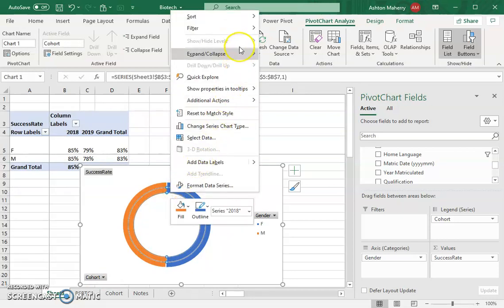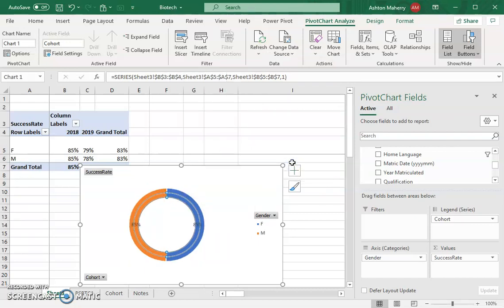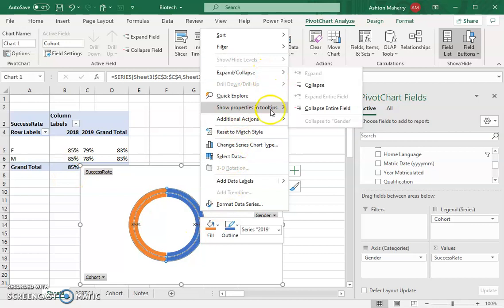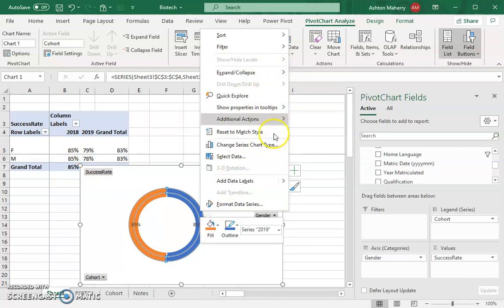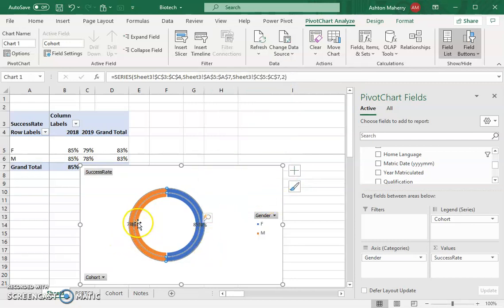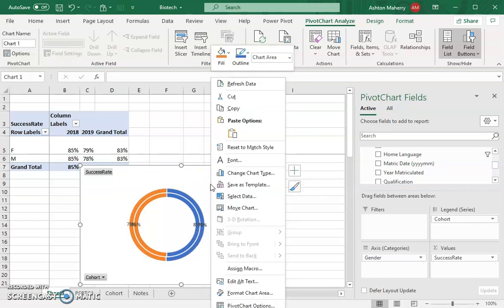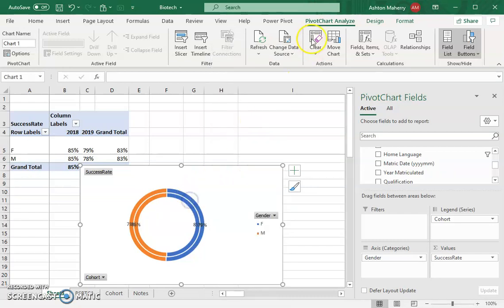Inside one is, and there it's showing you the 85 for 2018. So the inside is 2018. And we can add data labels. And that one there is showing the 2019. Not showing that good on that kind of pivot chart.